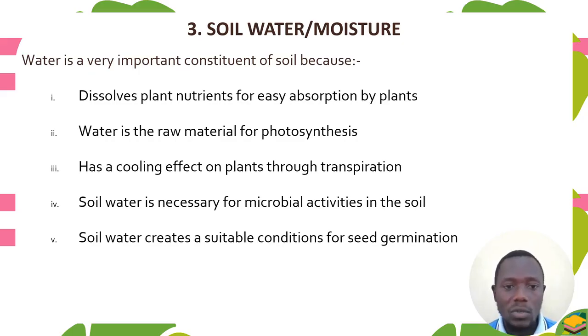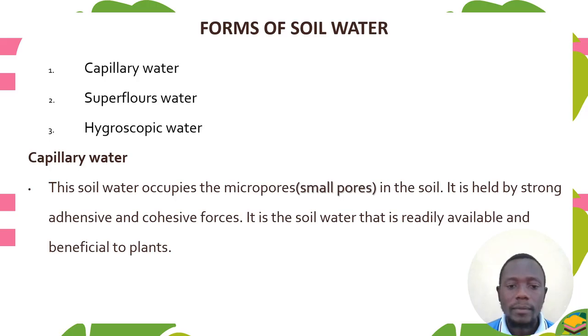So water or moisture is very, very important. Soil water also creates suitable conditions for seed germination. It's one of the conditions for seed to germinate. A seed cannot germinate if there is no water. So soil water or soil moisture is very, very important in agriculture.